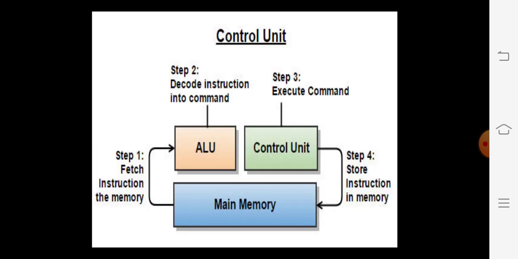As we have all discussed about the control unit, it decodes the instructions into commands, that is binary language. It converts the machine language into binary language and gives back to the main memory.